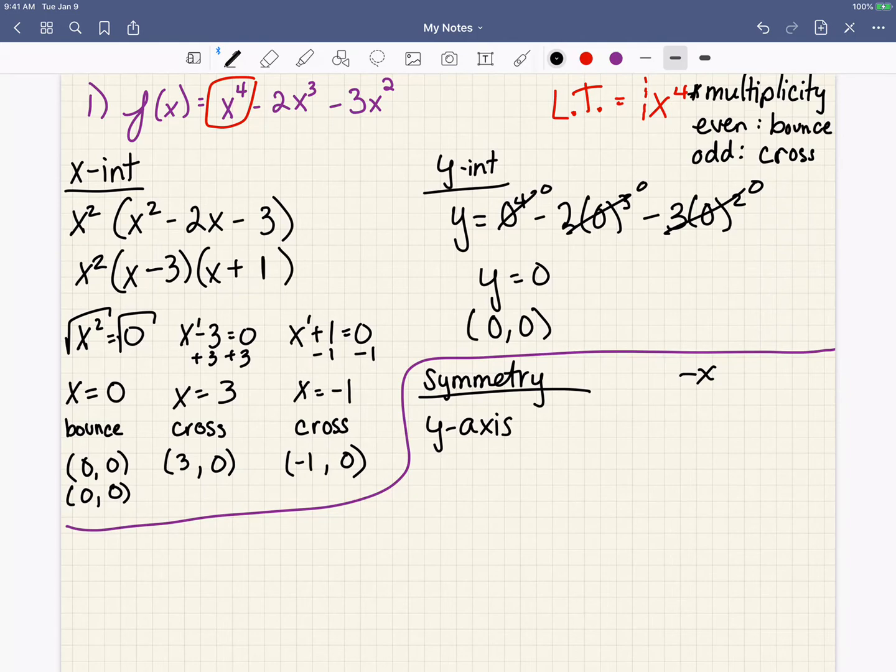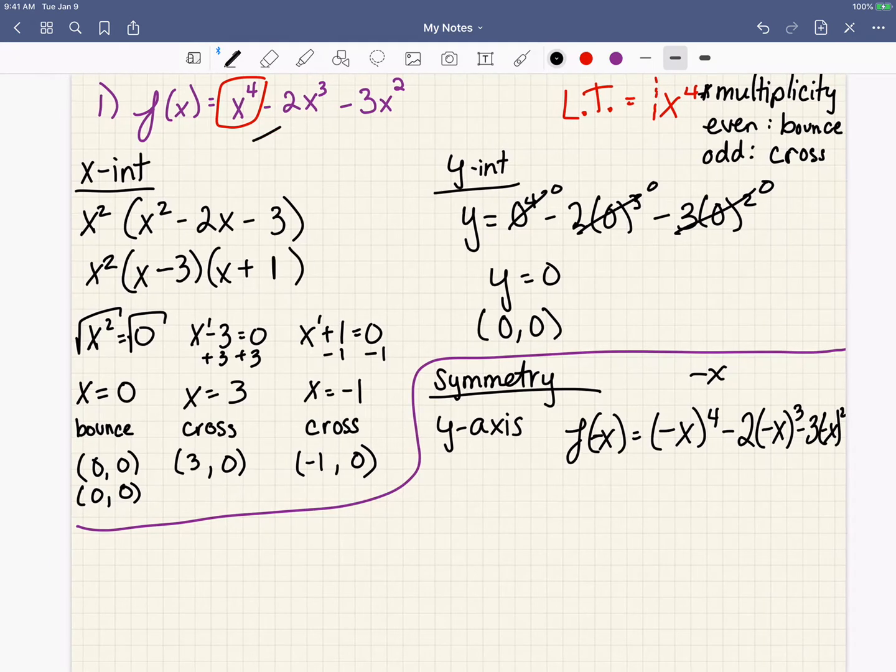They have symmetry. So for this case, I'm going to take my f of x, and I'm going to plug in negative x to the 4th minus 2 negative x cubed minus 3 negative x squared. So remember, to match my original, it should stay the same.